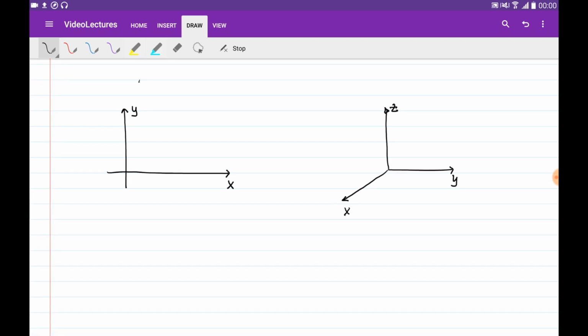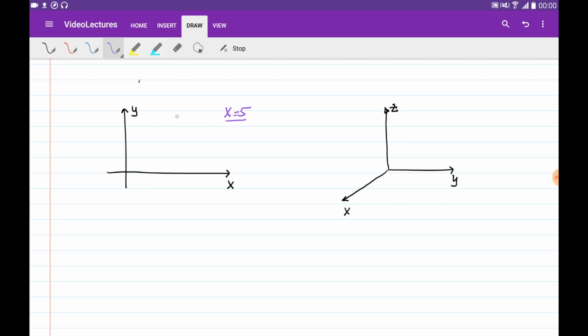One example will show you the difference between the 2 coordinate systems. Let's say I would like to draw a line with the equation x is equal to 5. In order to do this, I need to find all the points which satisfy this equation.